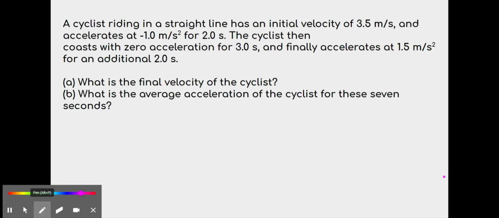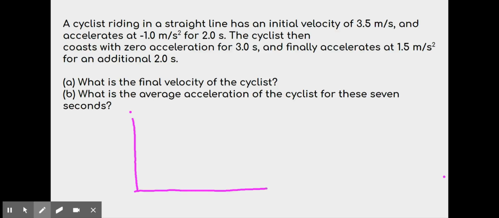So if we're working with acceleration and we want to graph it, we need to create a velocity versus time graph. So we're going to have something that looks like this: V and T. We see here that this cyclist is riding for a total of 7 seconds, so I'm going to put 7 little marks: 1, 2, 3, 4, 5, 6, 7.